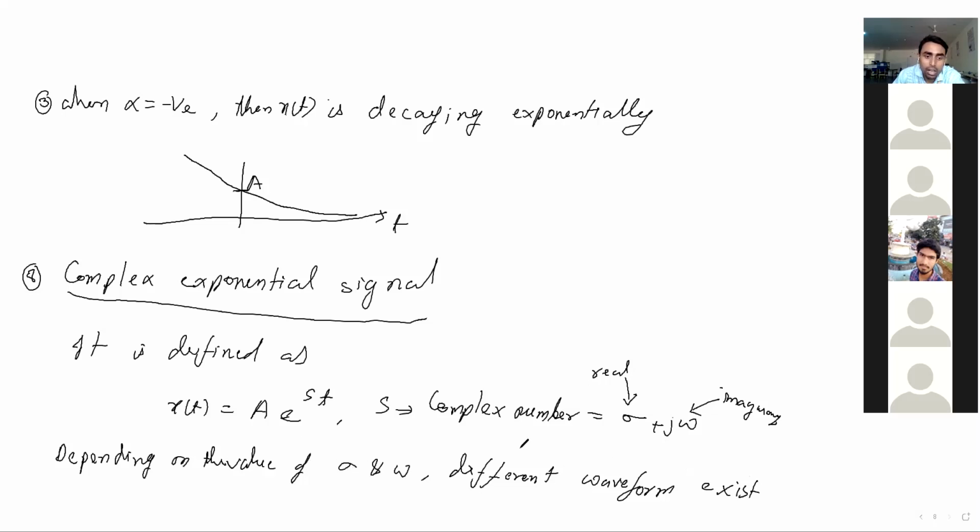Depending upon the value of sigma and omega, we have different waveforms. So let's see all the waveforms one by one.